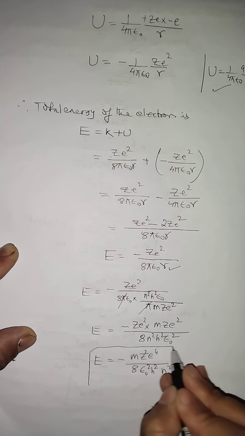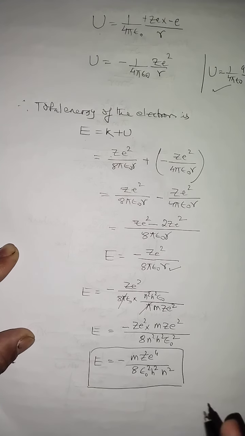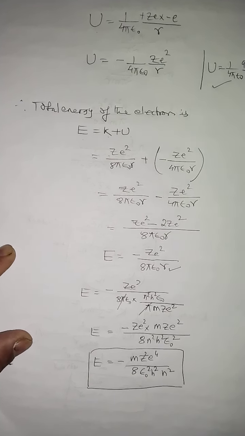So this is the expression that measures the total energy acquired by the electron in any of the orbits in an atom. This is for any atom, hydrogen atom or hydrogen-like atom, where n is the number of the orbit.